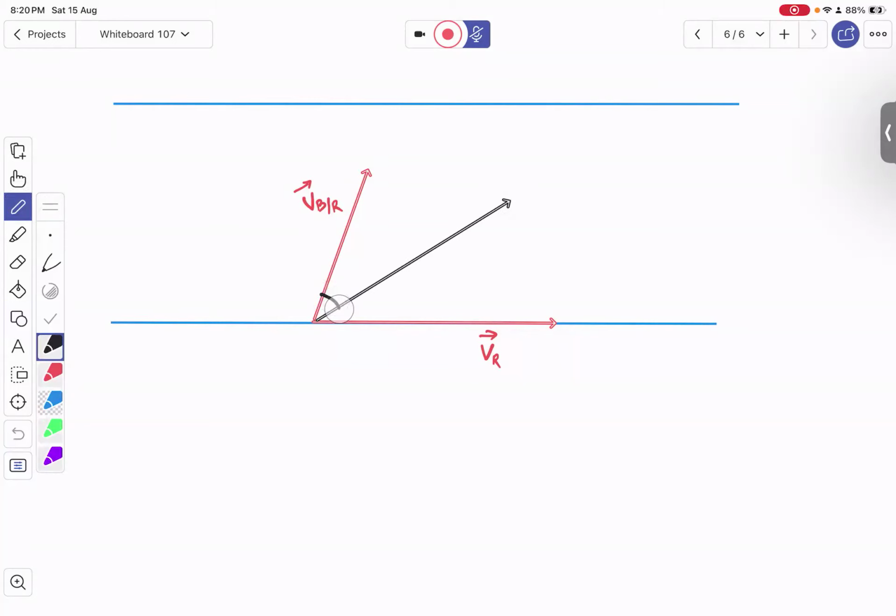The angle between the red arrows is theta, and the angle made by the resultant with the first vector is phi. We know the formula for that also, remember? This black arrow tells me the actual path of the boat seen from the ground frame.